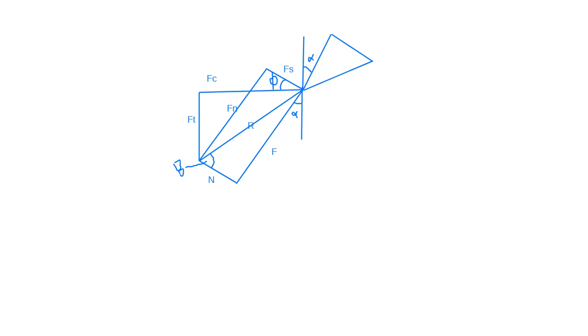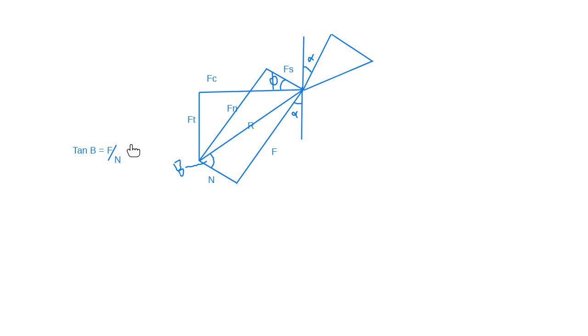Let me write tan beta. Tan beta equals F divided by N. Tan beta equals F divided by N, equal to what?